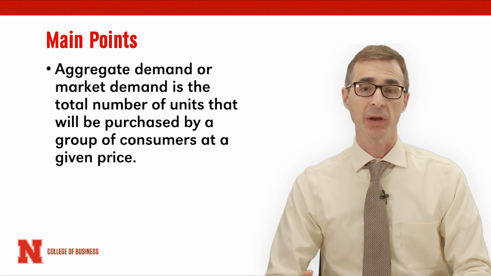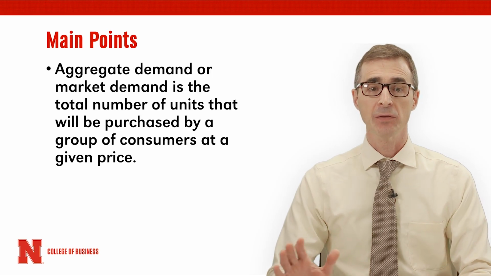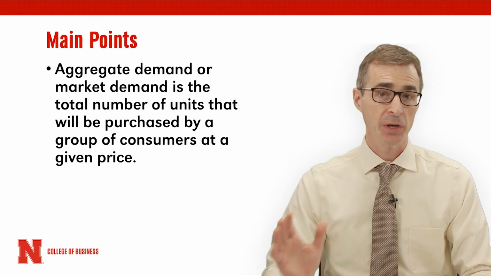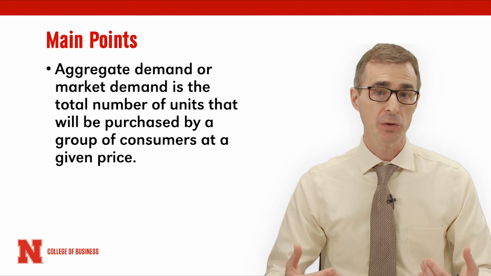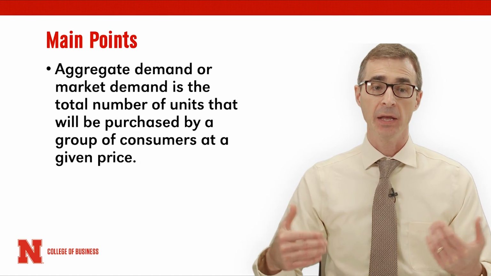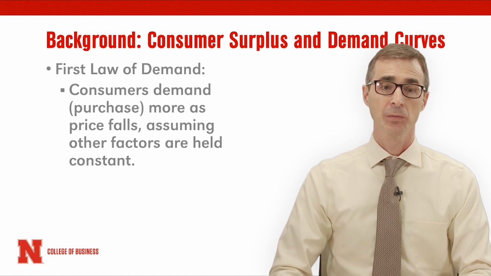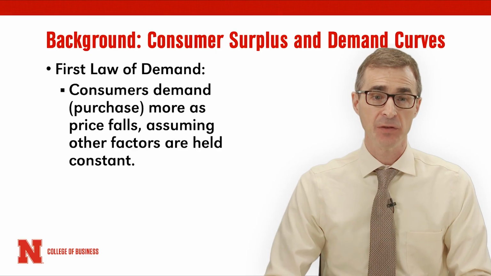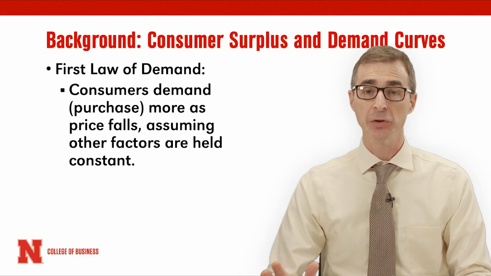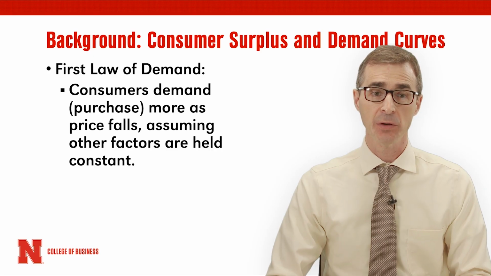Some of the main points that I'd like to talk about are, first, that aggregate demand is a term that economists will use to describe the market demand, or the total number of units of a good sold at a given price by a given group of consumers. Now, by way of background, the first law of demand states that consumers demand or purchase more as the price falls, assuming other factors are held constant.